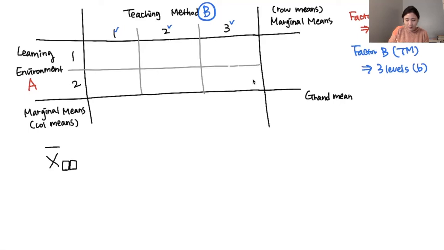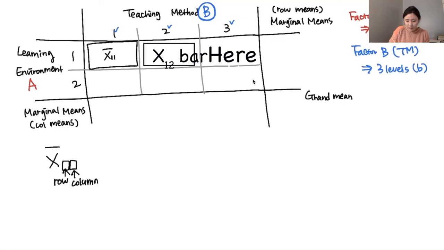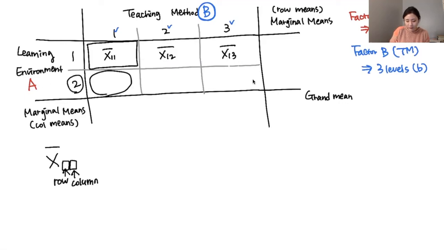We call this group mean x11 bar. This one is first row and second column, x12 bar. This one is first row and third column, x13 bar. This one is second row, first column, x21 bar, x22 bar, x23 bar.